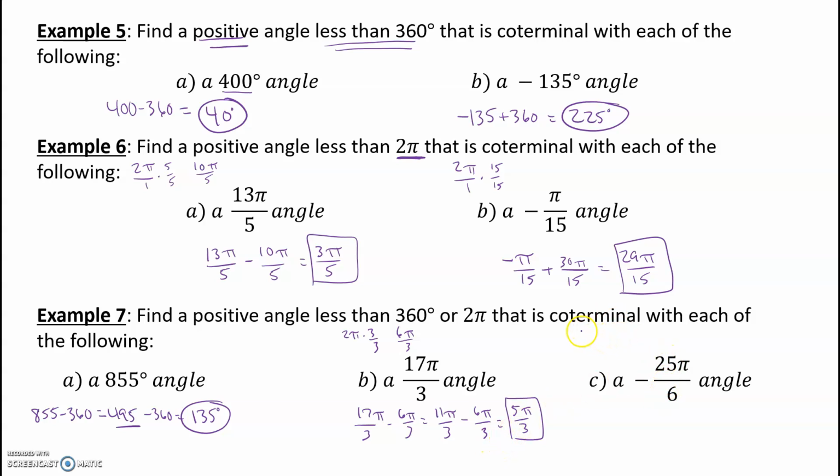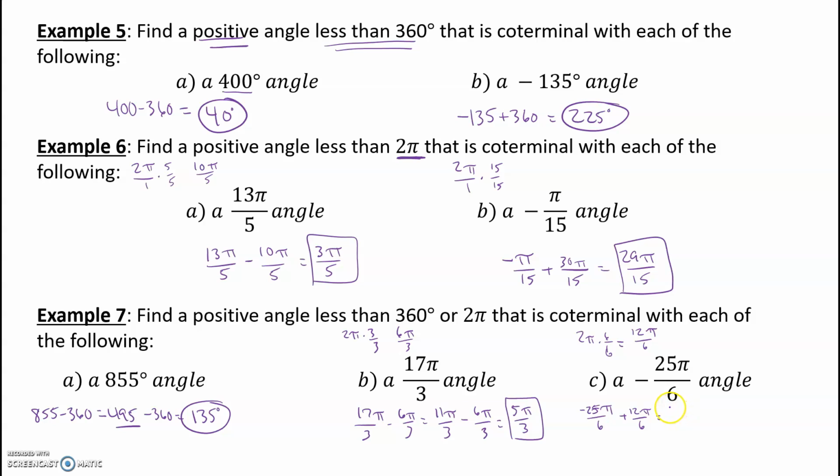Here, 25 pi over 6. So 2 pi, we get 12 pi over 6, which is 2 pi. So here we're going to add it. So we got negative 25 pi over 6. We're going to add 12 pi over 6.